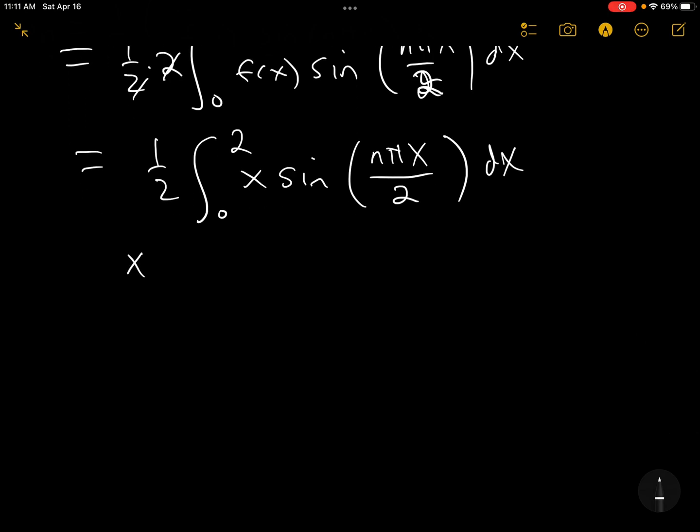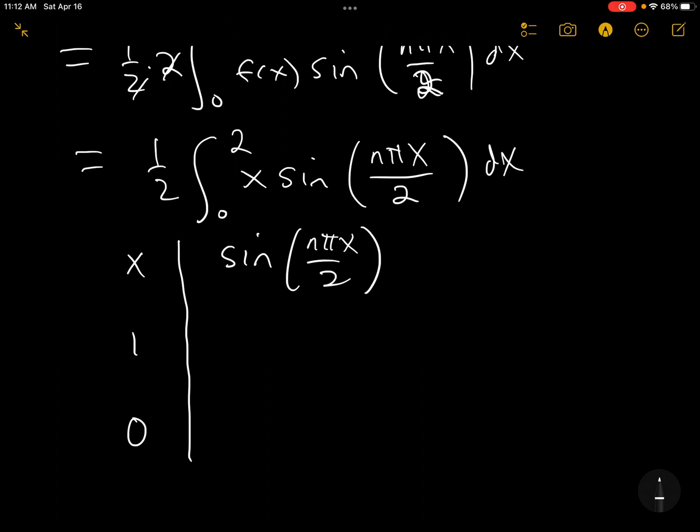So now we head over here to integration by parts. I'm going to use the tableau method here. So we have x and sine of n pi x over 2. And I keep forgetting this, so I'm going to put a big parentheses out here and multiply by a half, just for me to not screw up.